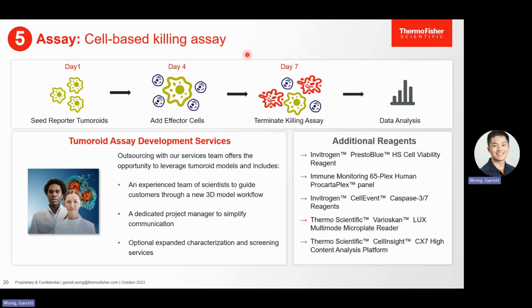And then throughout this entire process from day 4 to day 7, these cells were live imaged to look at the GFP intensity and the caspase activity change over time. And then also at the end of this assay at day 7, the supernatant was harvested and used for a cytokine profiling assay.